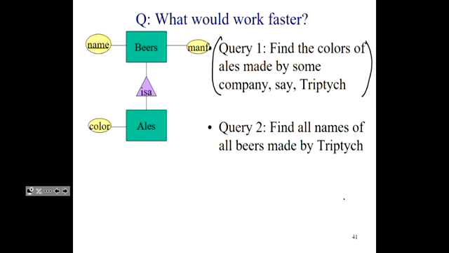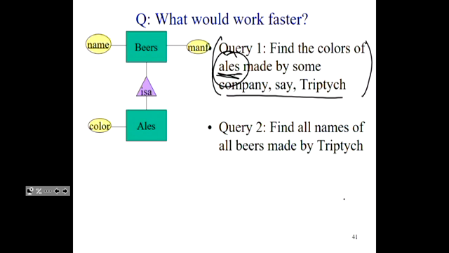Okay, so that's correct. The approach that she suggested was we need to focus on ales, and I'm only interested in ales, therefore it makes sense to only look at the ales relation. But at the same time, I need to look at the manufacturer information.